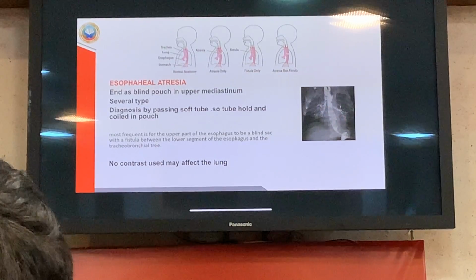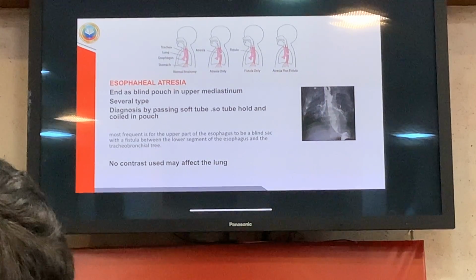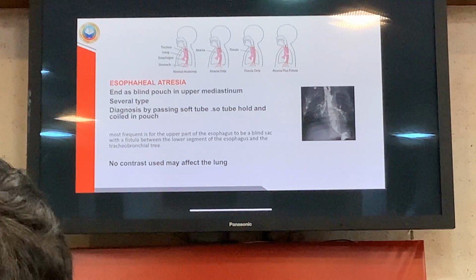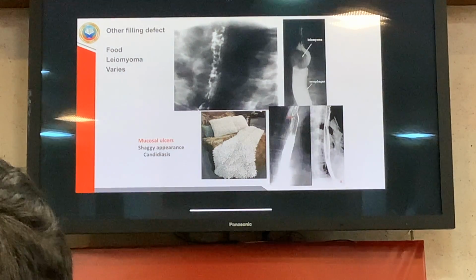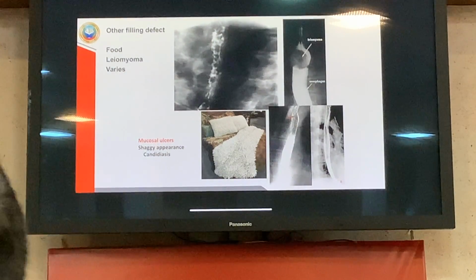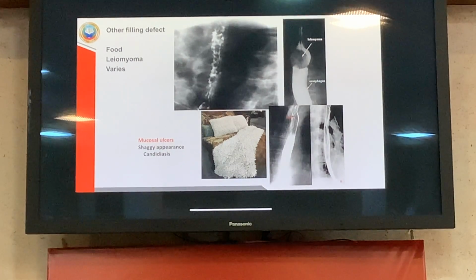This is indicating a tract or fistula between both the esophagus and trachea. Usually the contrast study is not done, as in other surgeries; if there is a blind esophagus, it is done by tube, just.